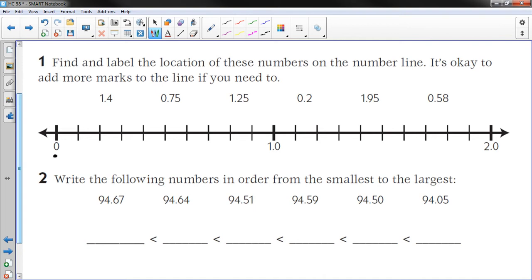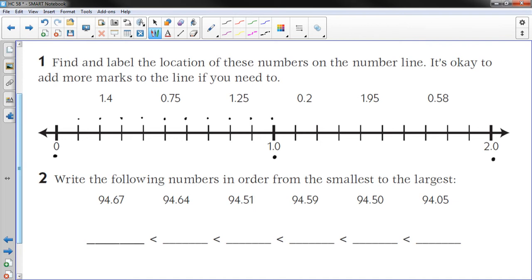Zero's here, one's right in the middle, and 2 is over here, and then there are these lines in between, so it's broken up into an equal number of parts. Let's see what those parts are. 1, 2, 3, 4, 5, 6, 7, 8, 9, 10. Each line is a tenth of 1.